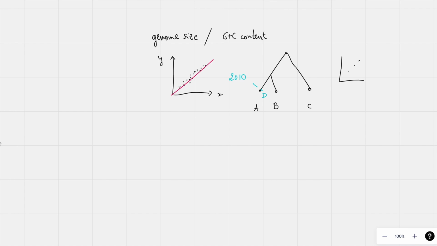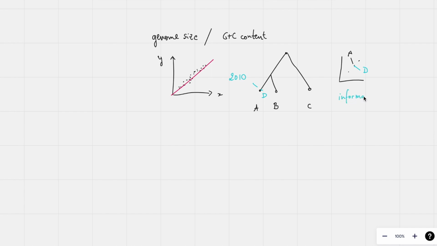And so when we add this particular point here on the graph that we have, if we say that, for instance, species A was this point here, well then we can bet that species D is going to be pretty much on top of the point for species A. And the question that we're asking is, does this give us new information, yes or no?